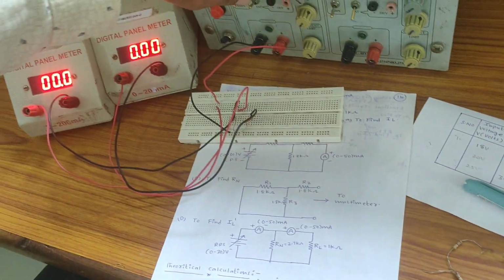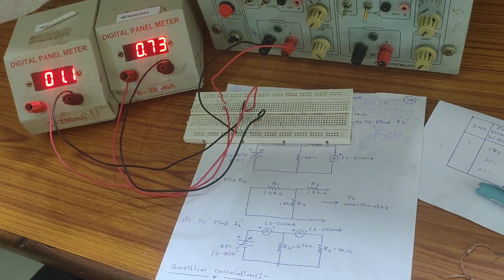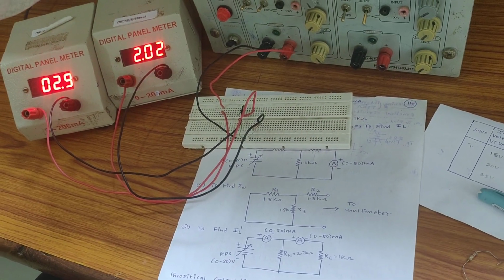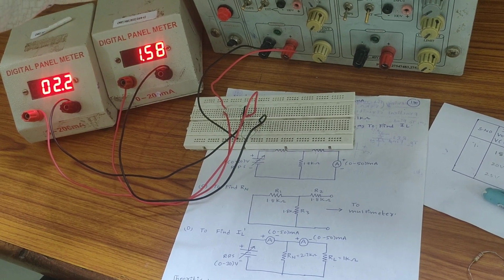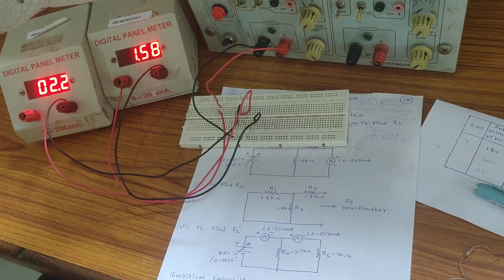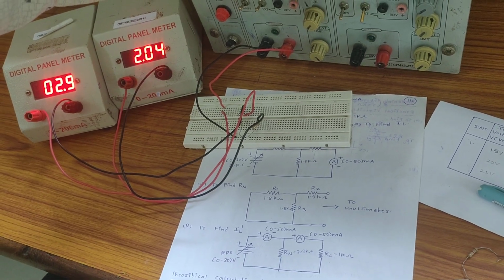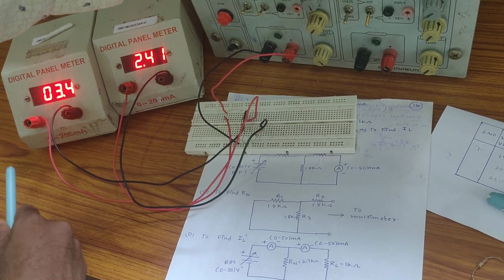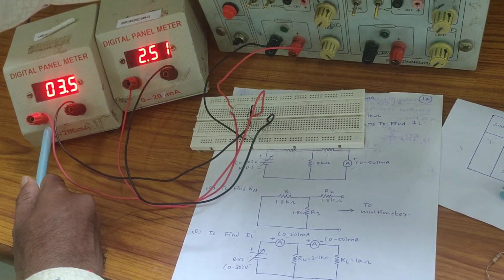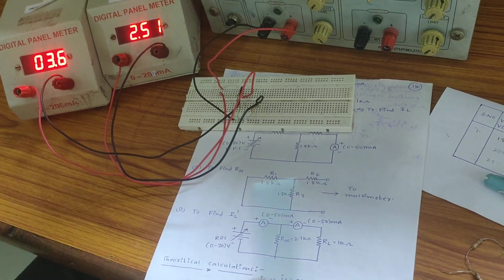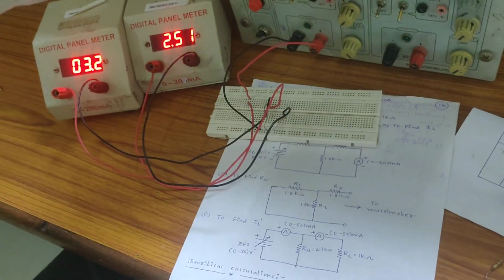By varying this RPS, the current flowing through the circuit is, what is the Norton's current? 2.78.